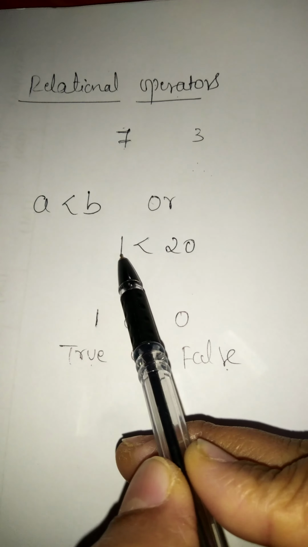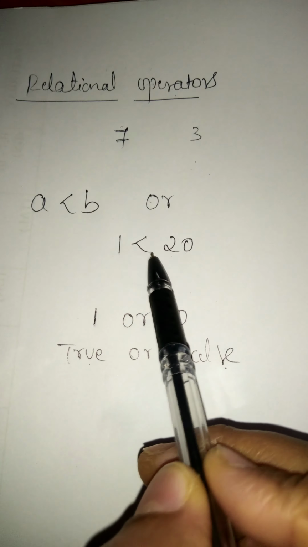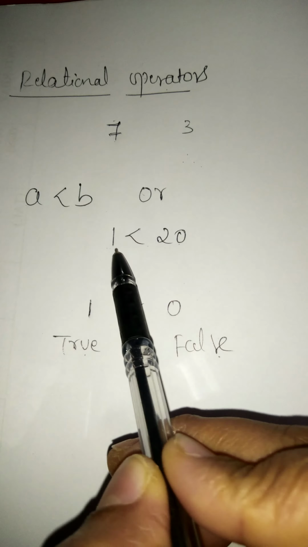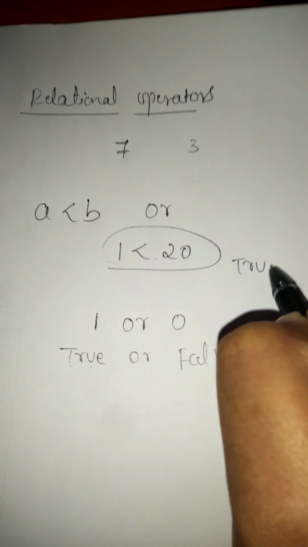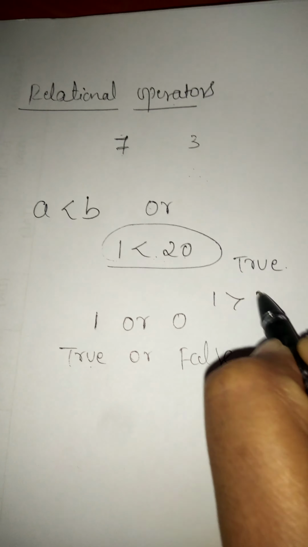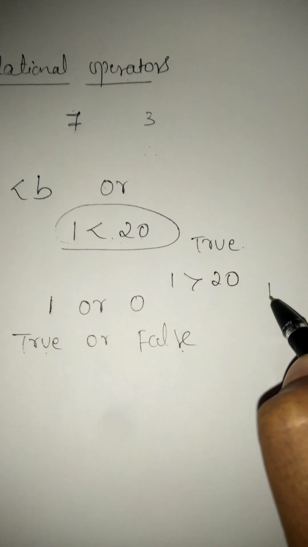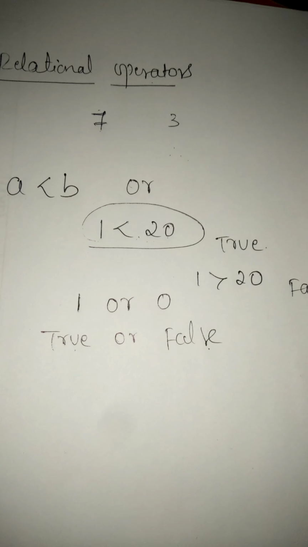For example, 1 less than 20 is true, since 1 is smaller than 20, so the result of this expression is true. If I give 1 greater than 20, it is false, because 1 is not greater than 20. So the result here is false. These are relational expressions.